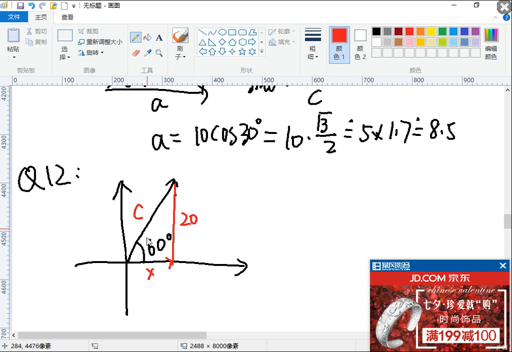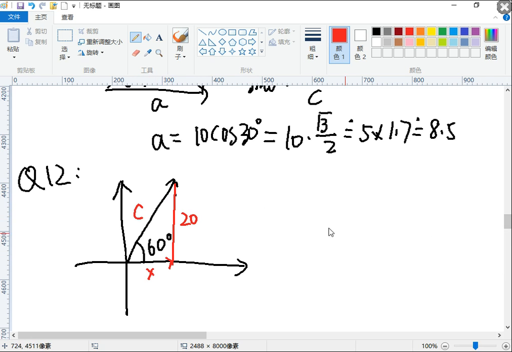You can always calculate C. That is what you want.